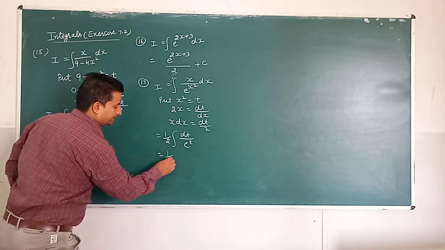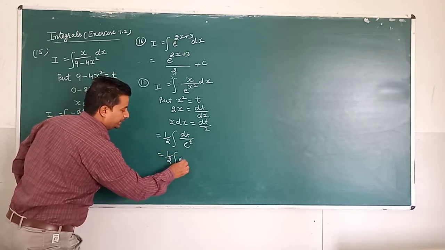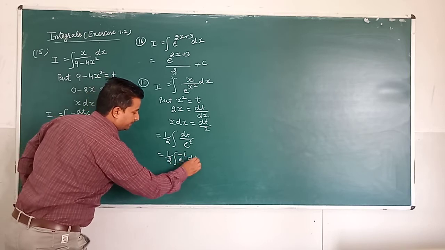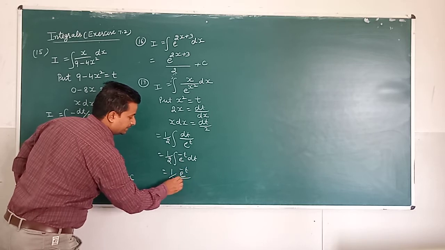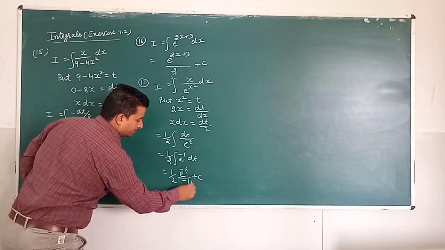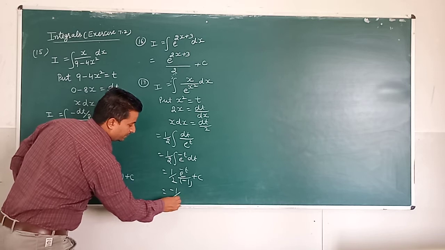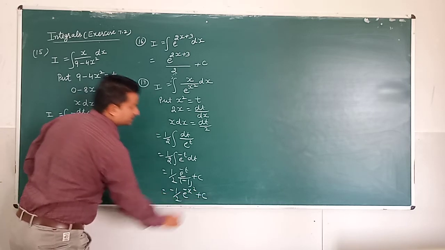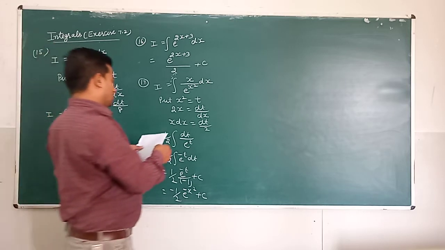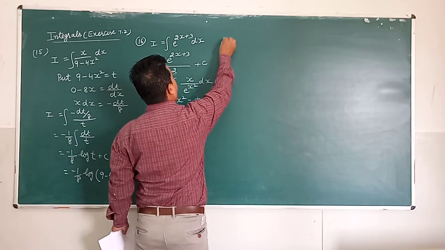When we take this e power t in the numerator, then its integration is e power minus t upon minus 1. So this is minus 1 upon 2 e power minus x square plus c. This is the answer of question number 17.